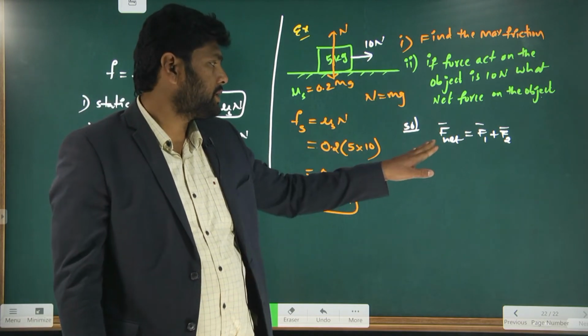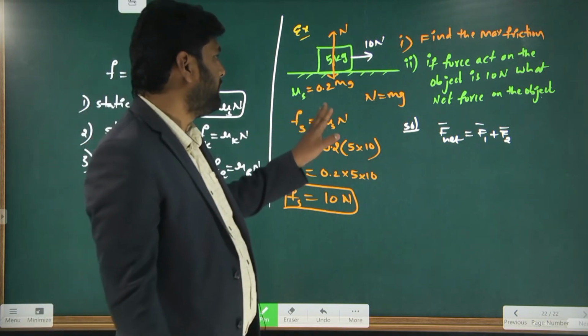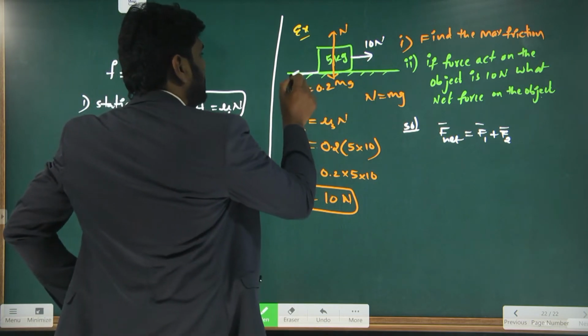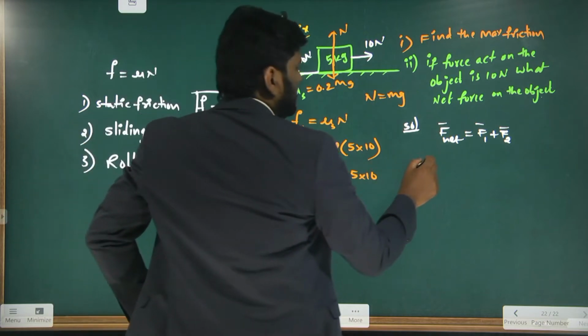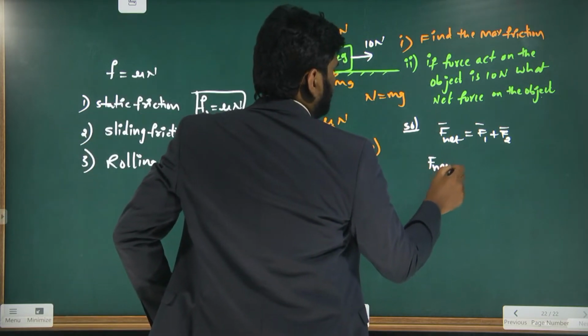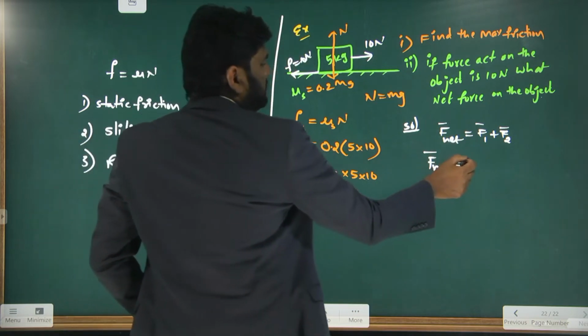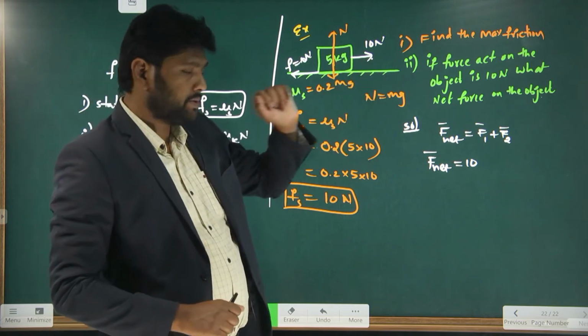So the net force becomes F1 plus F2. Here, one force is 10 Newton, but on this body, friction is also acting in this direction, which is also 10 Newton. So finally, F net is F1, which is 10 acting in the positive direction. You can take this as the positive direction, 10.